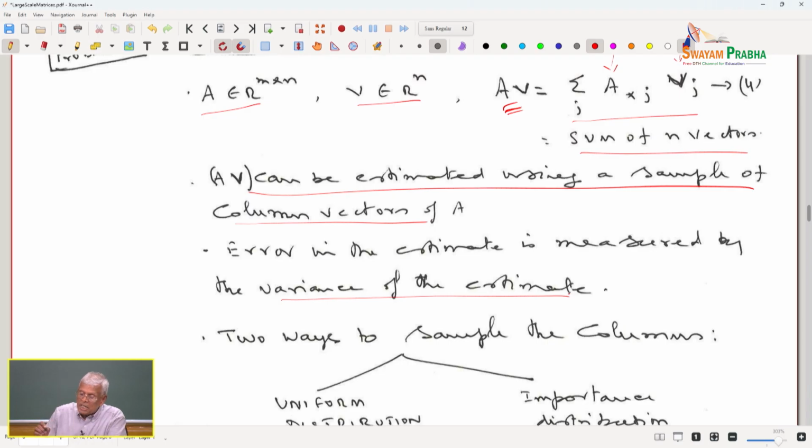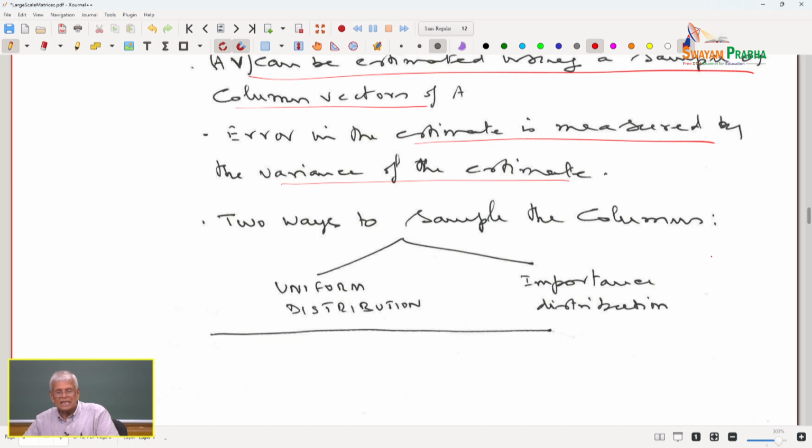So, I would like to be able to approximate where the estimate is a good estimate, good in the sense of variance being less. Please understand, efficiency of the estimate relates to the variance of the estimate. If I have two estimates, one with a lesser variance than the other, the one with the lesser variance is said to be more efficient, and that is the definition of efficiency in estimation.